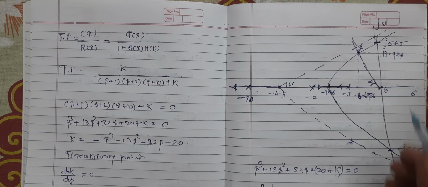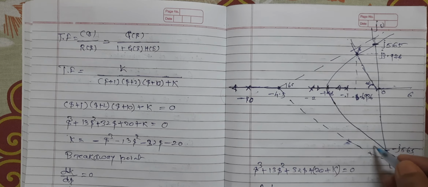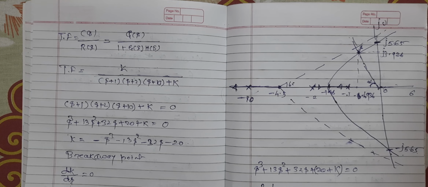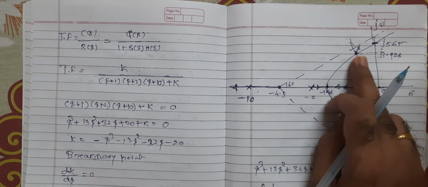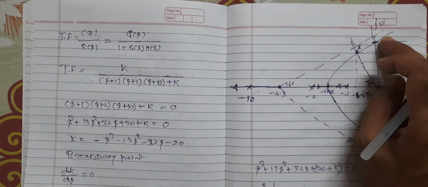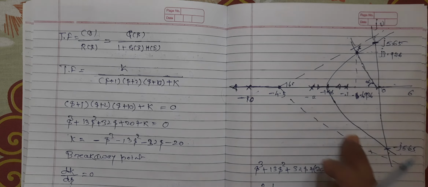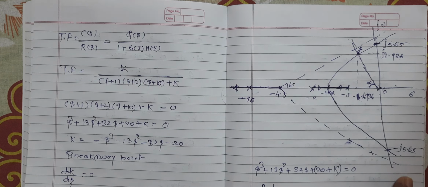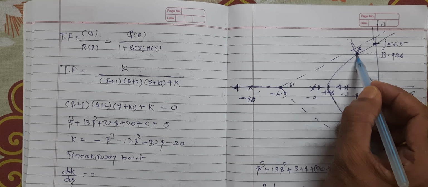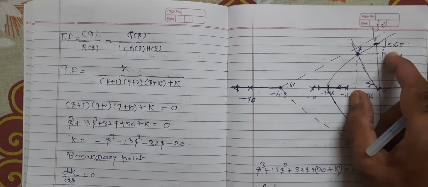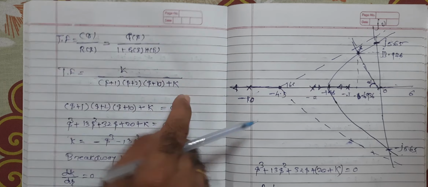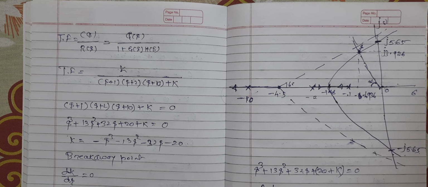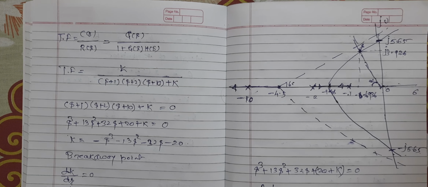Now see here, on this root locus, at every point the value of the k is changing. As the value of the k changes, my root locus travels like this one. So for this point, we know the coordinates, and that coordinate we will put into the equation, and we will find out the value of the k.